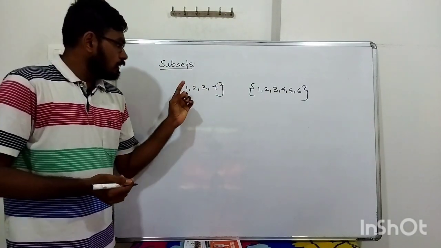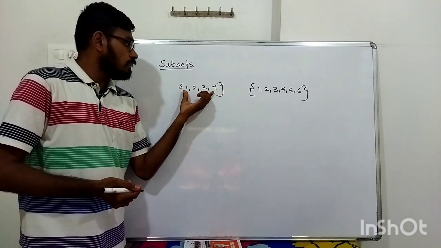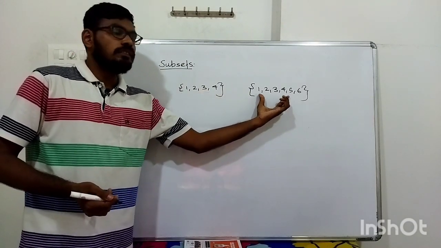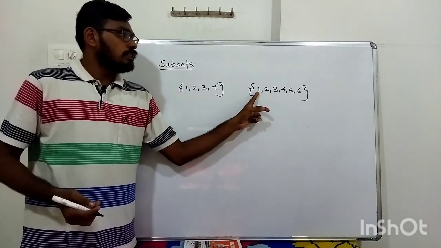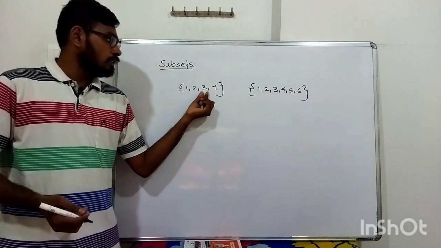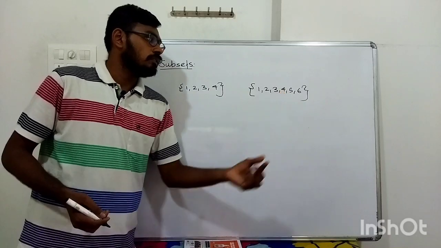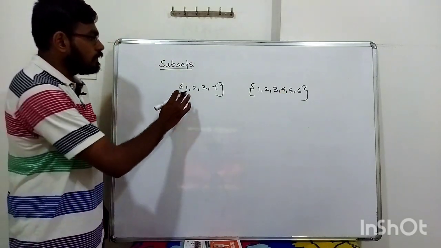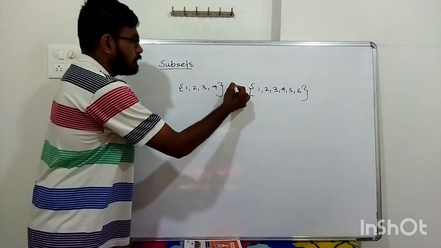You have to just see the elements of this, and whether these elements belong to this or not. 1 is there here, 1 is there here also, 2 is there here, 2 is there here also, 3 is there here, 3 is there here also, 4 is there here, 4 is there here also. So every element of this belongs to this. Therefore it's a subset of this.